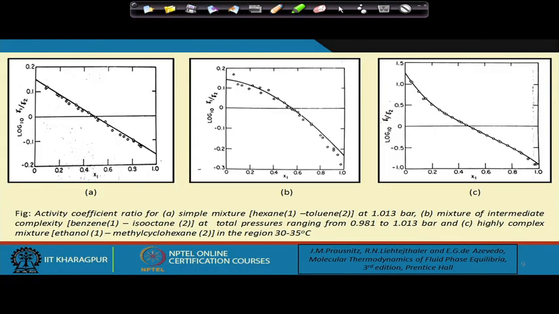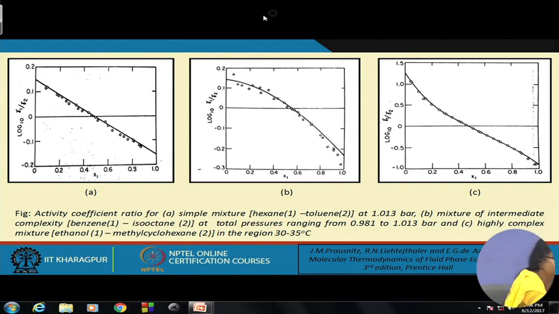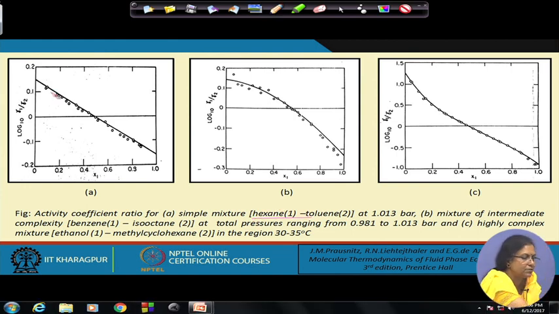How? Suppose we plot ln gamma 1 by gamma 2 as a function of x1, we find that for simple mixtures like, say, hexane and toluene in this particular case, it is more or less a straight line, and we immediately say that this particular solution at the pressure condition is a straight line.